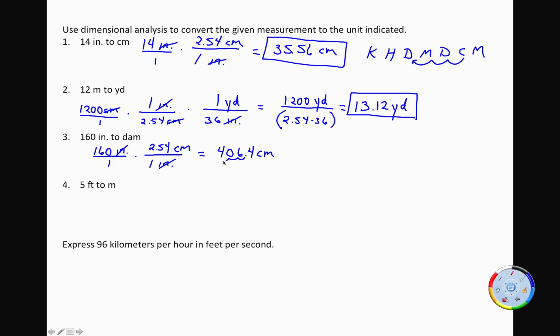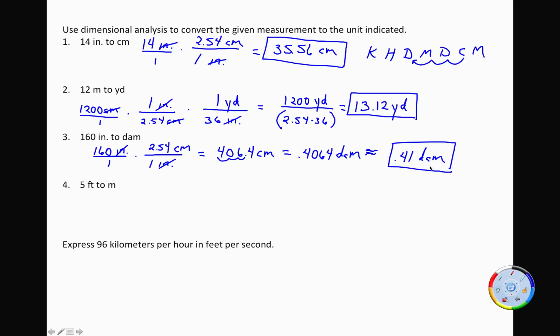So 1, 2, 3. This is 0.4064 decameters, but if we're going to continue our rounding to 2 decimal places, we'll round that to 0.41 decameters.